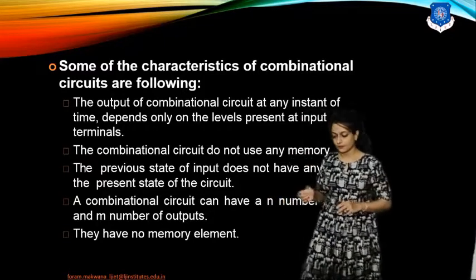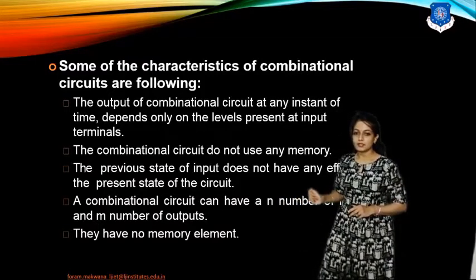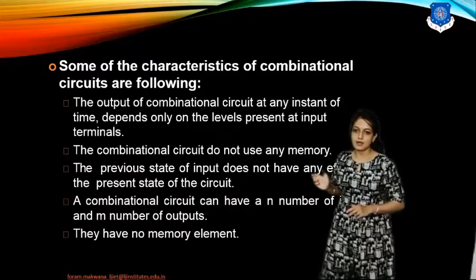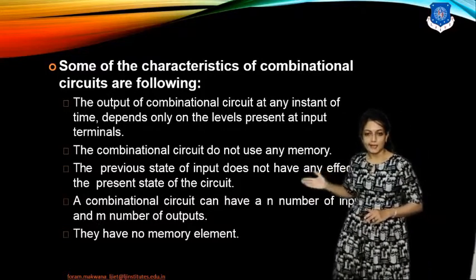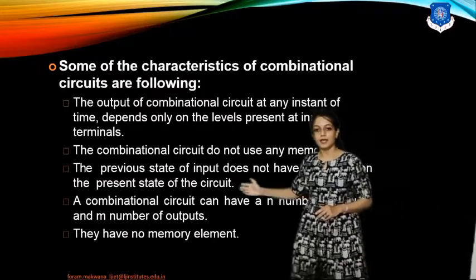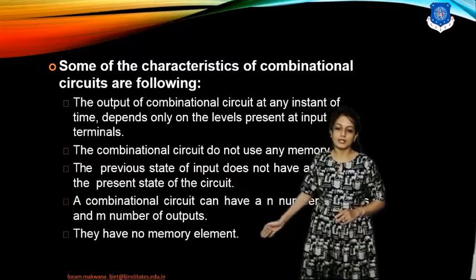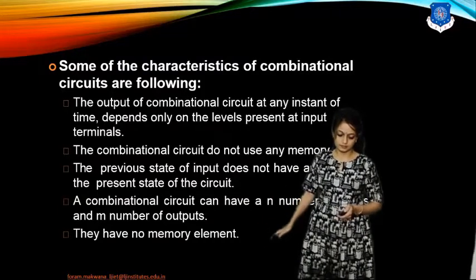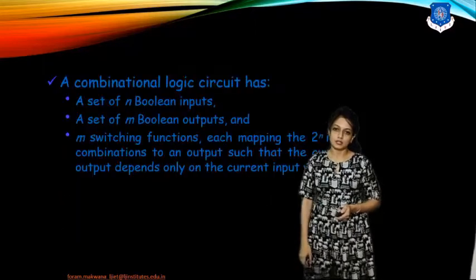Fourth, a combinational circuit can have a number of inputs, that means n number of inputs and m number of outputs. So it does not contain any memory element. So these are the characteristics of a combinational circuit.